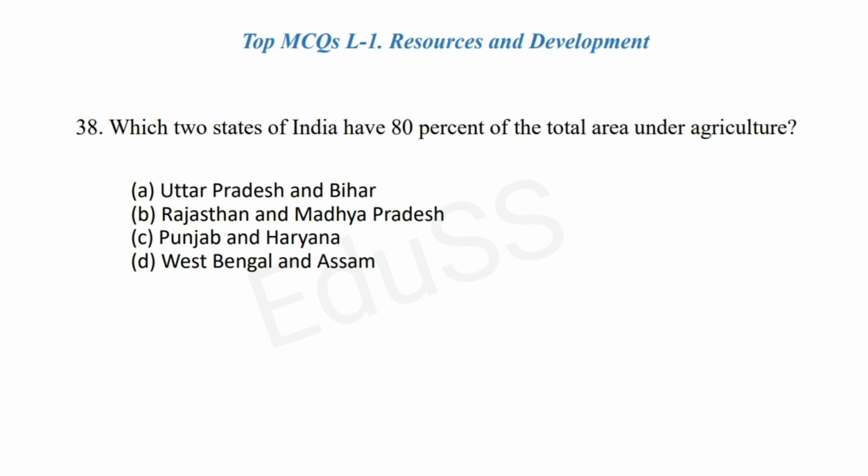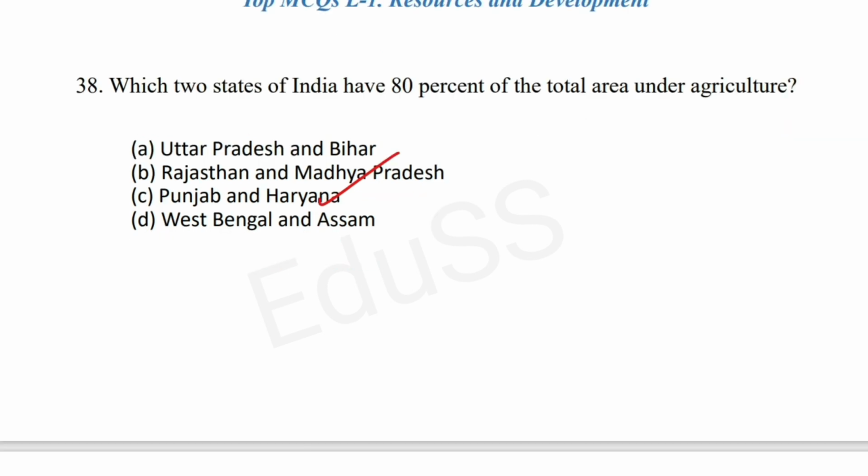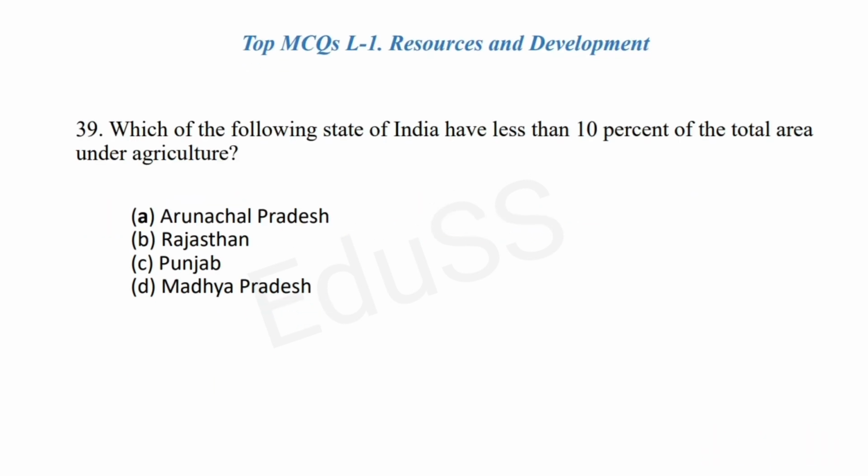Next, which 2 states of India have 80% of the total area under agriculture? The correct option is Punjab and Haryana. They have 80% of the total area under agriculture. Next, which of the following states of India has less than 10% of total area under agriculture?